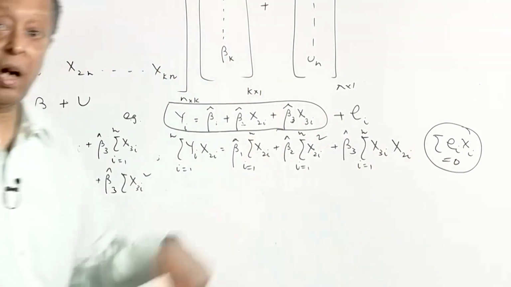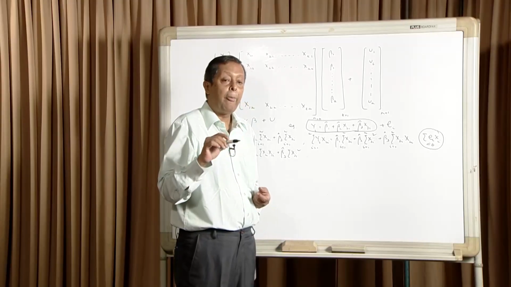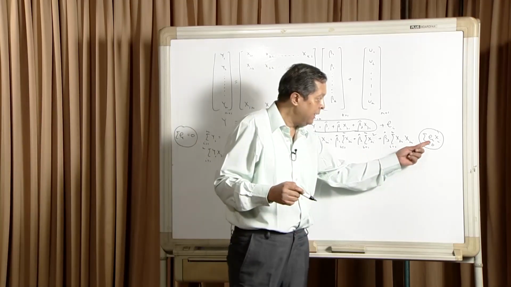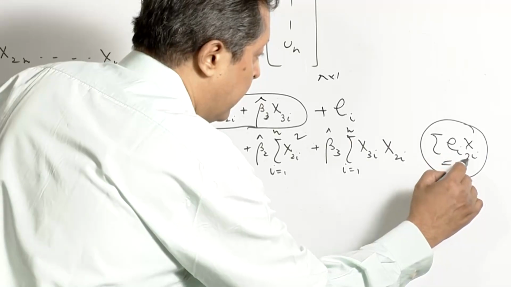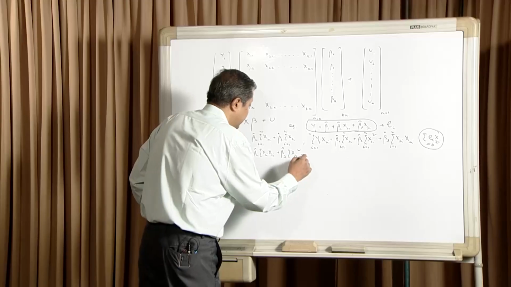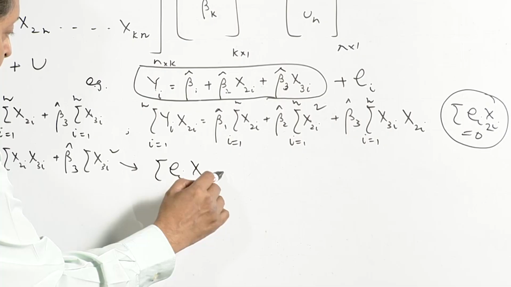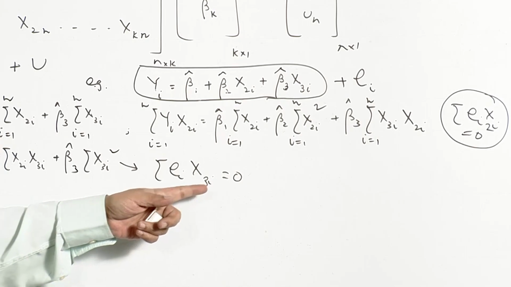This is the sample counterpart of the population property that the expectation or covariance between u i and x j is equal to 0. So, here also error does not depend on x 2, and finally, this would mean that summation e i x 3 i is equal to 0.